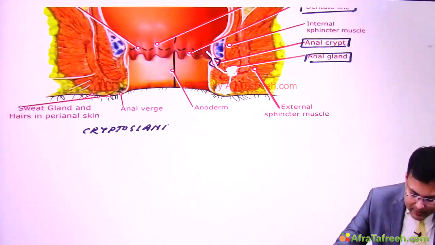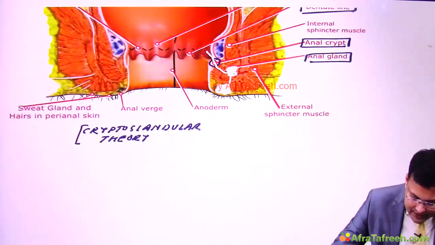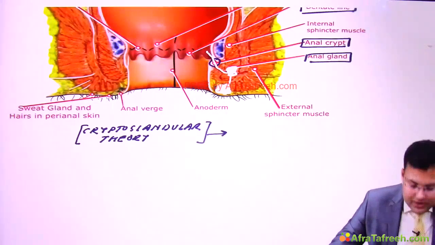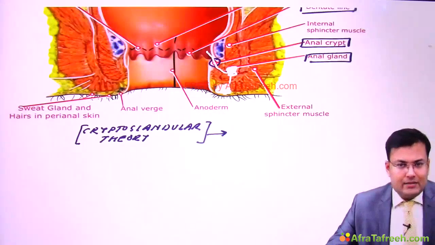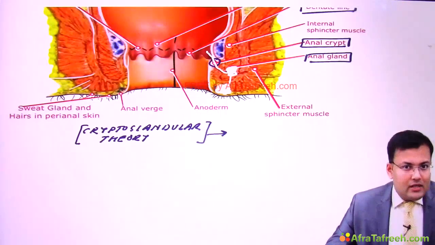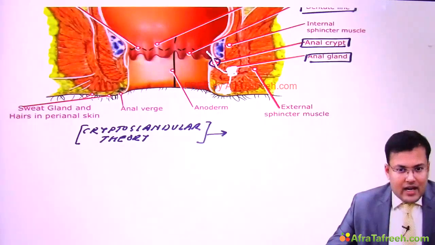And this cryptoglandular theory is responsible for formation of anorectal abscess. Now the problem, sometimes these patients are not coming to the clinicians, and sometimes this abscess is going to rupture outside.